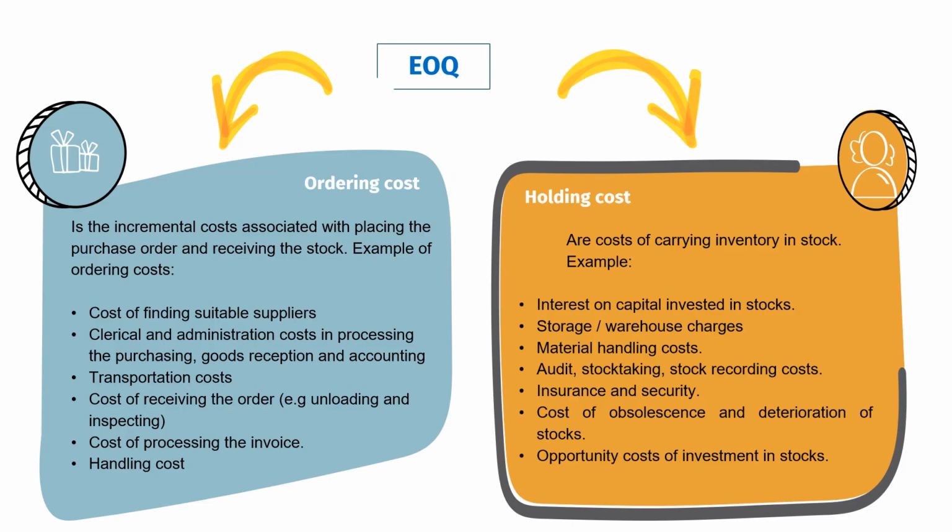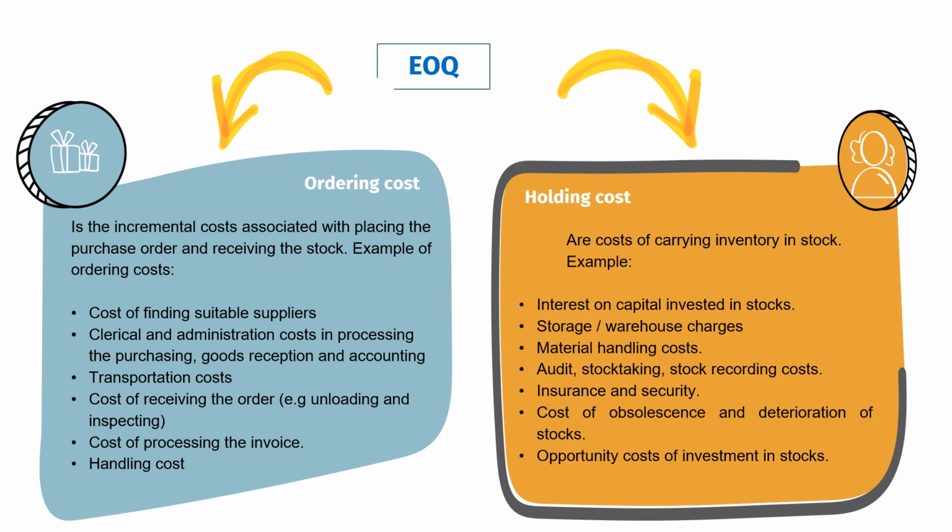So here we are. What is ordering cost? It is the incremental cost associated with placing the purchase order and receiving the stock. So these are the costs that are involved when we make the order. This includes clerical costs, such as the cost of finding suitable suppliers, the cost of processing the purchasing, the goods reception, and also the accounting system that we use.